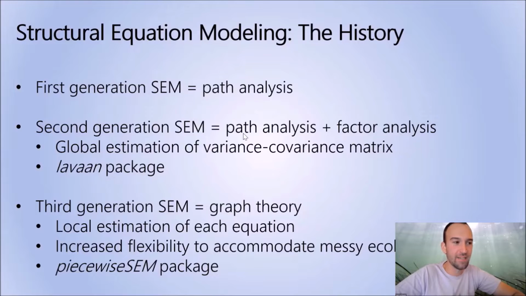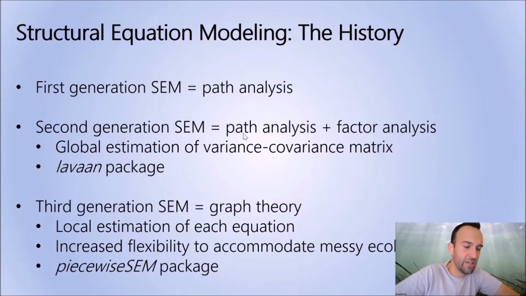We can give people tests and see how they score, but we can't really measure intelligence directly, even though this is an important variable in social sciences and one which we would want to include in some of our statistical models to predict all manner of things like income, education, and so on. And in this case, the combination of path analysis and factor analysis in the 1950s allowed us to do that.